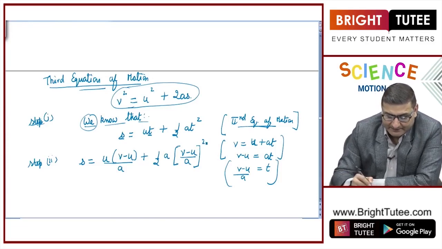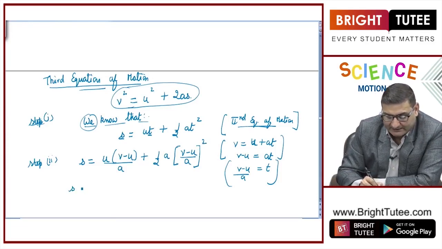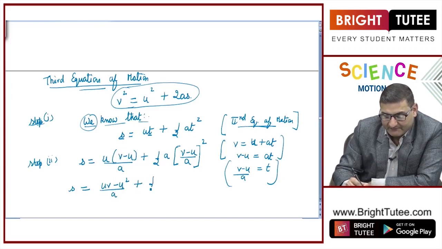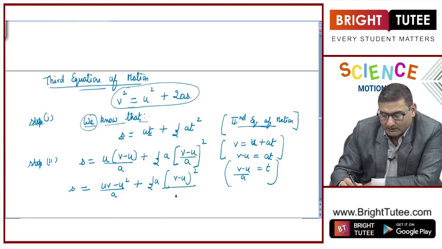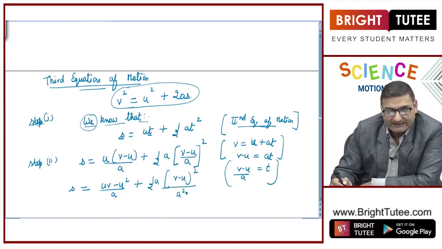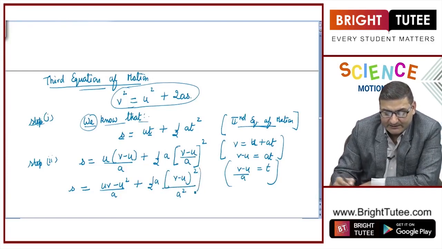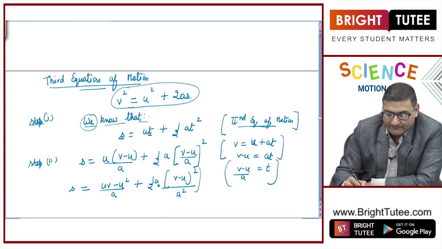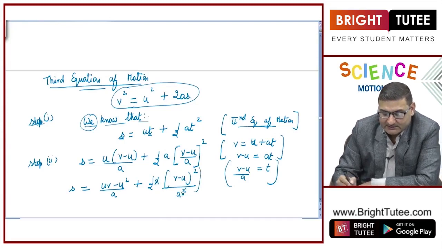Simply opening up the brackets, what I will get is s equals (uv minus u square) divided by a, plus half into a into (v minus u) square upon a square. I can write it like this, upper bracket separately and lower bracket separately. So a square, one a will be cancelled out.